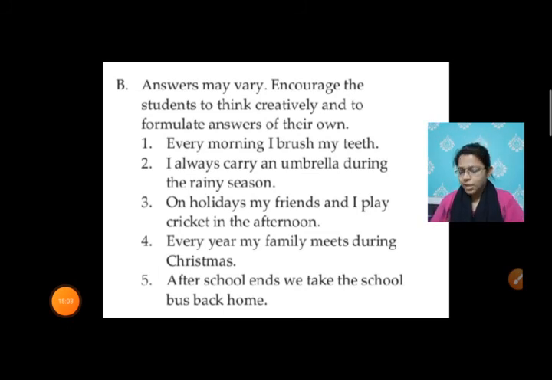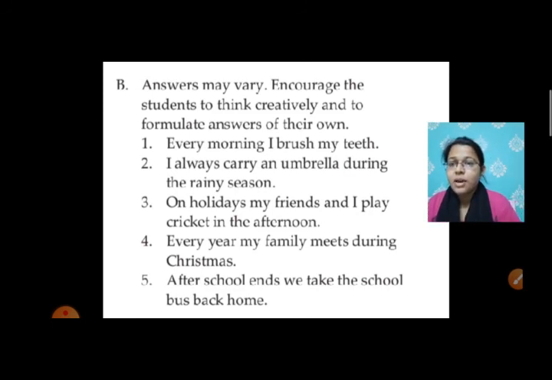Let's see the first one, every morning. So for the sample answer, I have written, every morning I brush my teeth. You can write, every morning I wake up at 7, or you can write, every morning I go to school.